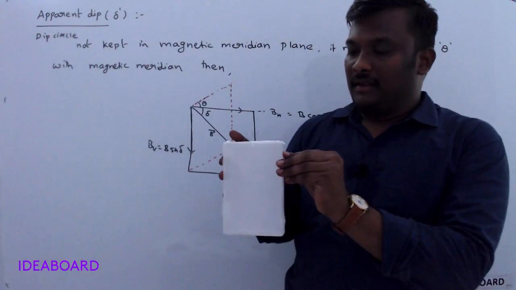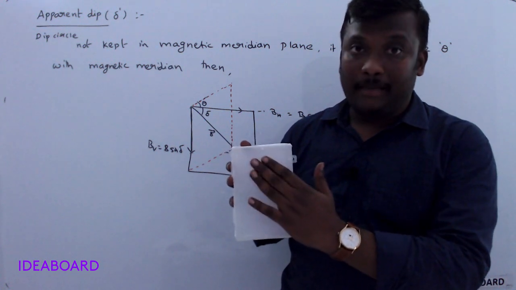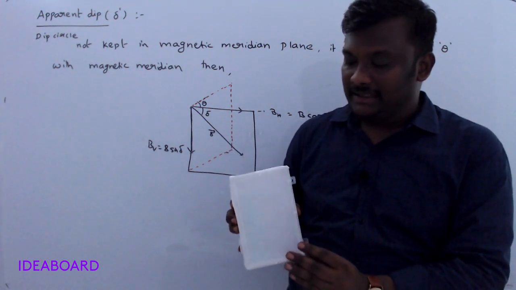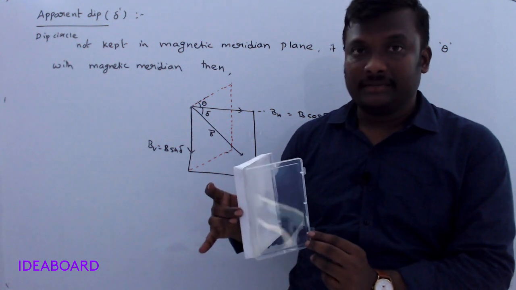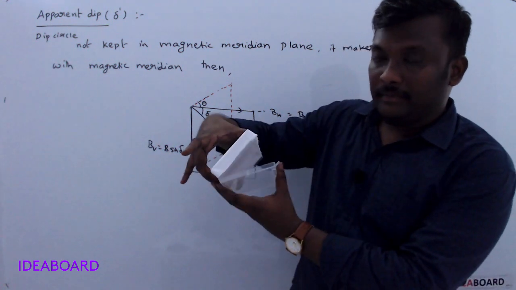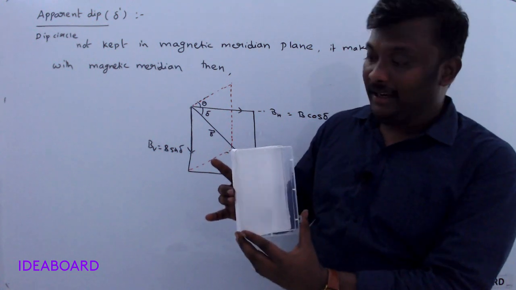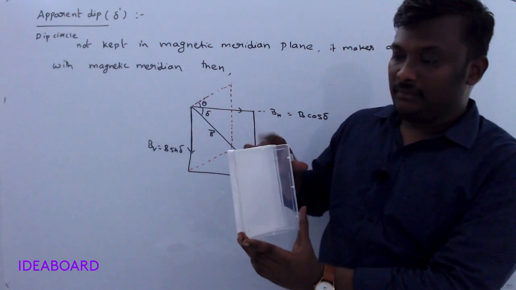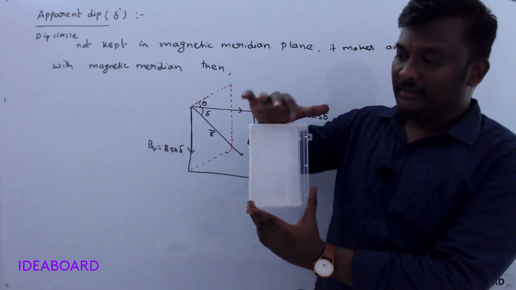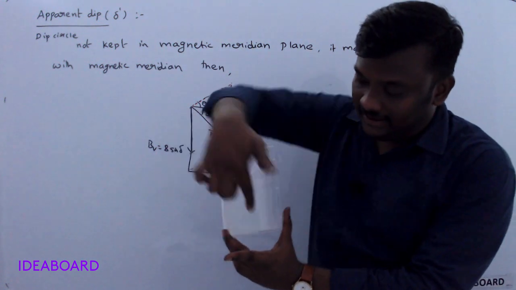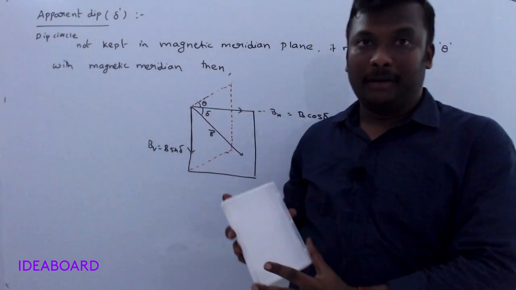This box is the magnetic meridian plane. Now you turn it a certain angle like this. See, it makes a certain angle. Now this is the magnetic meridian plane. The new plane is this one. This is the new plane and this is the magnetic meridian plane.